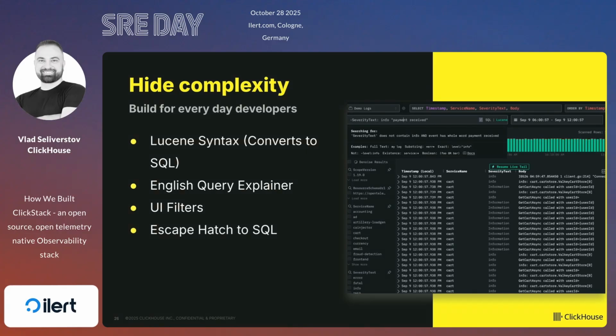It reduced the number of questions from users by an order of magnitude. But for those who really want all the power of SQL, we did leave the possibility to query in SQL. You can switch here between the Lucene syntax and the SQL syntax on the UI, and you can just use whatever aggregations you want.